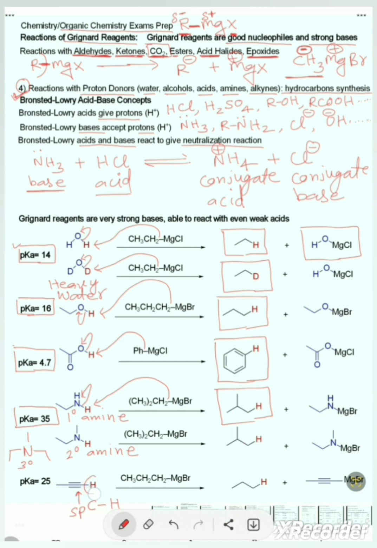Hence the hydrogen is more acidic than an alkane's hydrogen and an alkene's hydrogen. In this reaction, the Grignard reagent would attack the proton, and the product is again a hydrocarbon. But here there is an interesting point to note: we are forming another Grignard reagent, and this Grignard reagent has a triple bond in its carbon part. So this has a very good synthetic utility.